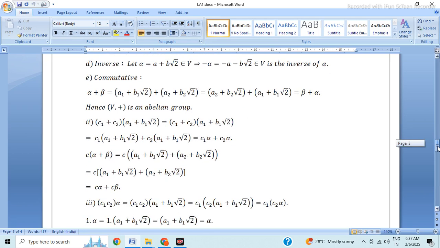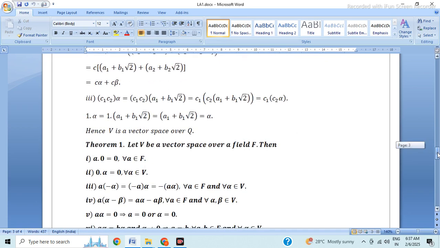In the second condition only, one more condition is there: C into alpha plus beta is C alpha plus C beta. Then third condition, C1 C2 into alpha is C1 into C2 alpha. The last condition is 1 into alpha is alpha.